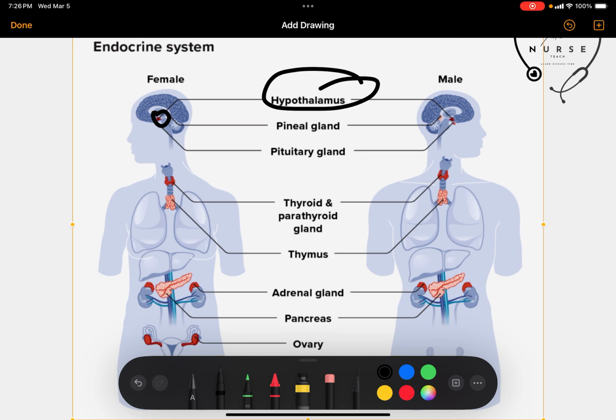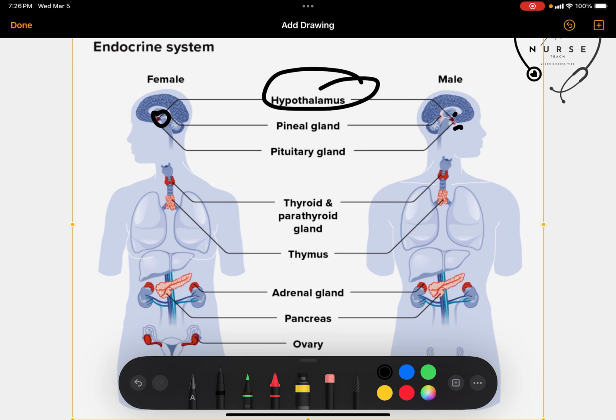When you look at where they are located, they're right there together, very close together, because they actually communicate with each other. The hypothalamus releases certain substances that either stimulate or inhibit the release of a certain group of hormones that come from the actual pituitary gland. So they work very closely together.